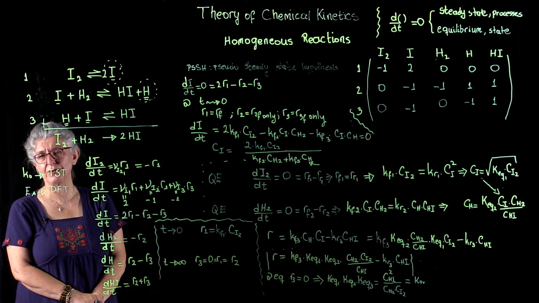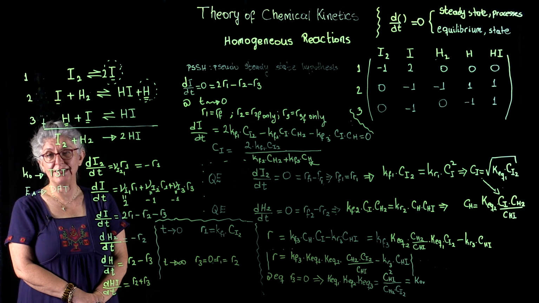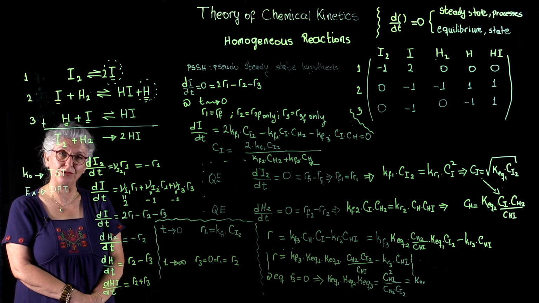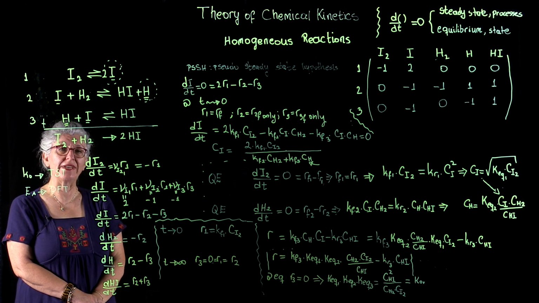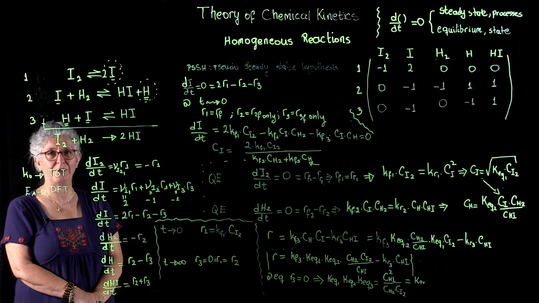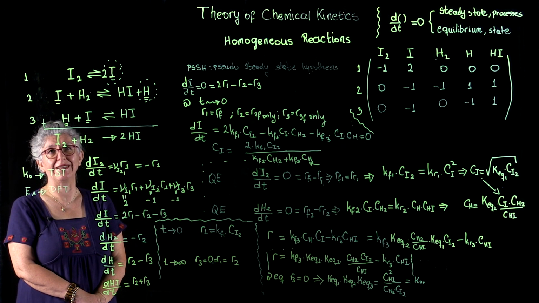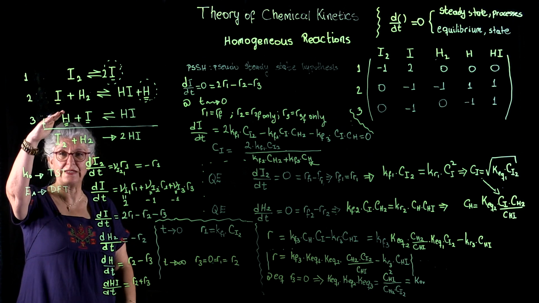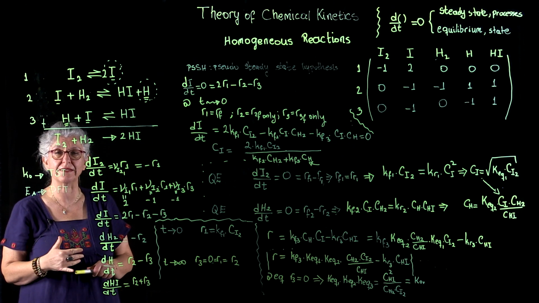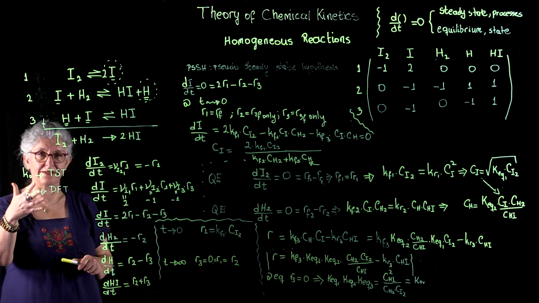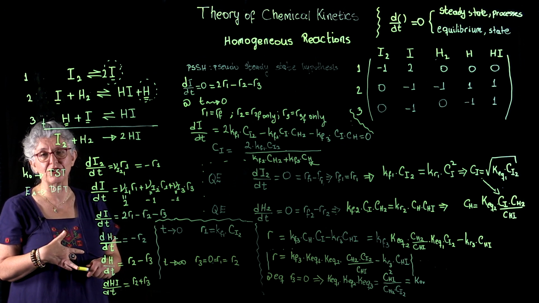There is one more condition, and that is that at different temperatures, the rate constants, k's, are going to be different, and hence forward and reverse rates are going to be different. How fast each of these reactions becomes depends not only on the concentration of the species involved in that reaction, but also on the temperature.